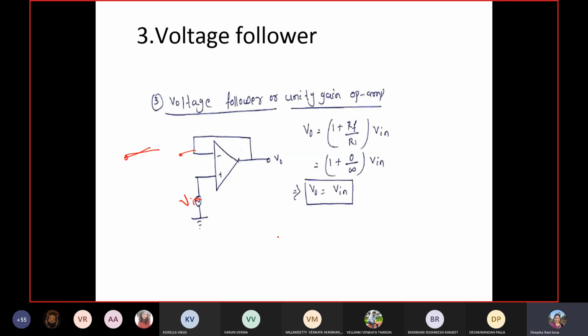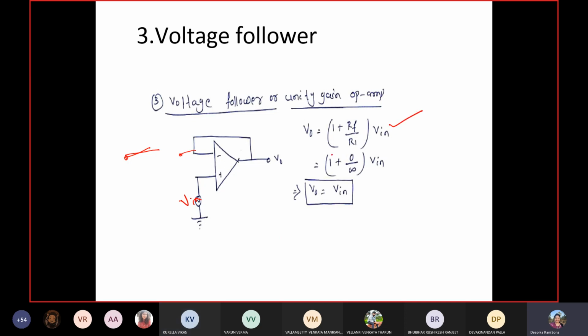Non-inverting. Very good. So just now we learned, if it is non-inverting, what is the output voltage equation? 1 plus Rf by R1 into Vin. Yes, very good. So that's why the first line has shown this.